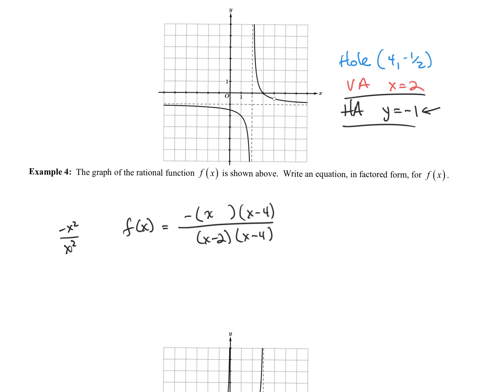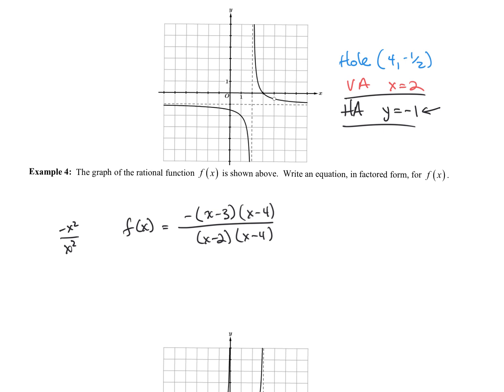Because what do I want my hole to be at? I want my hole to be at negative 1/2, right? And so when I substitute in 4, I get 2 on the bottom. What do I need up top? A negative 1, right? And so what do I need to do with this? I'd have x minus or plus what? X minus 3. And so I really want x minus 3 right there.